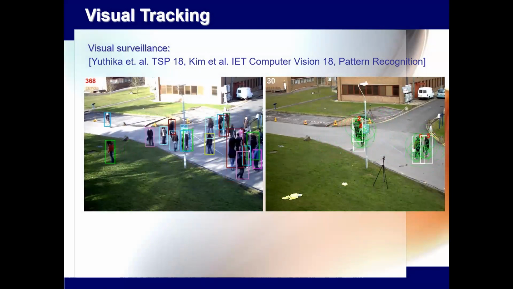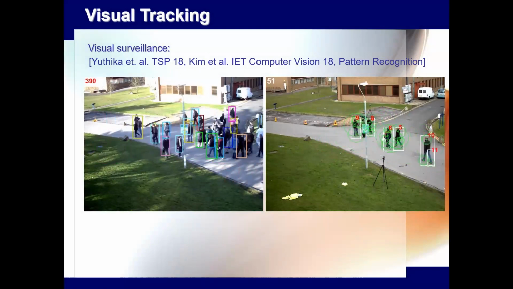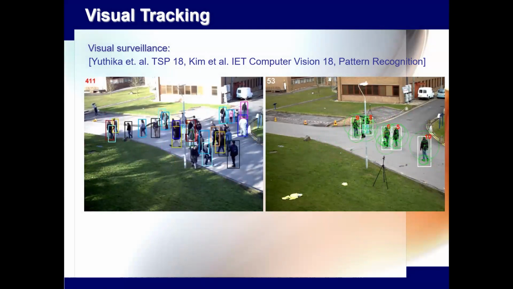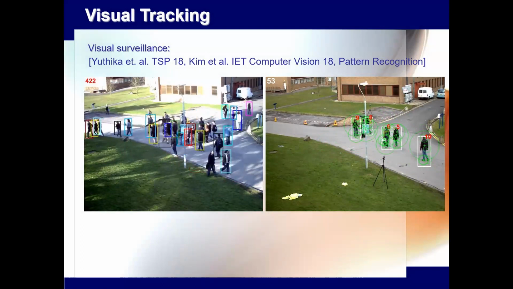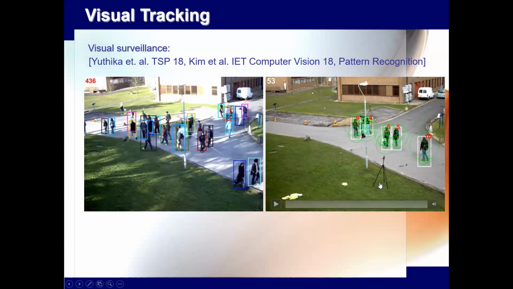This is the test data case of a crowded scene. There's a limitation, of course, because detection doesn't give you perfect data. That's why on the right-hand side, we are not only considering the square detector, we also try to extract some information from the person.